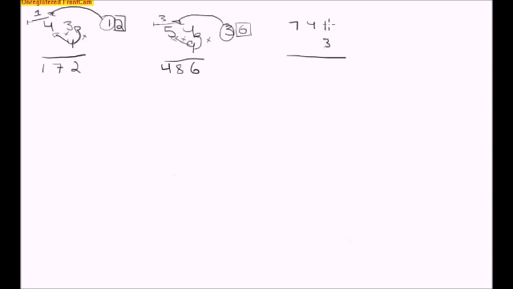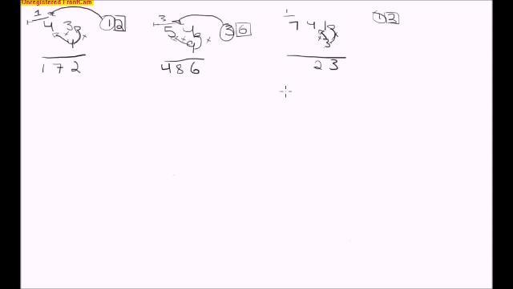So let's start with 3 times 1. I think this is a pretty simple one. 3 times 1 is 3. Now we got to do 3 times 4. 3 times 4 is 12. And you write the last digit down right underneath, and you bring the 1 over here.